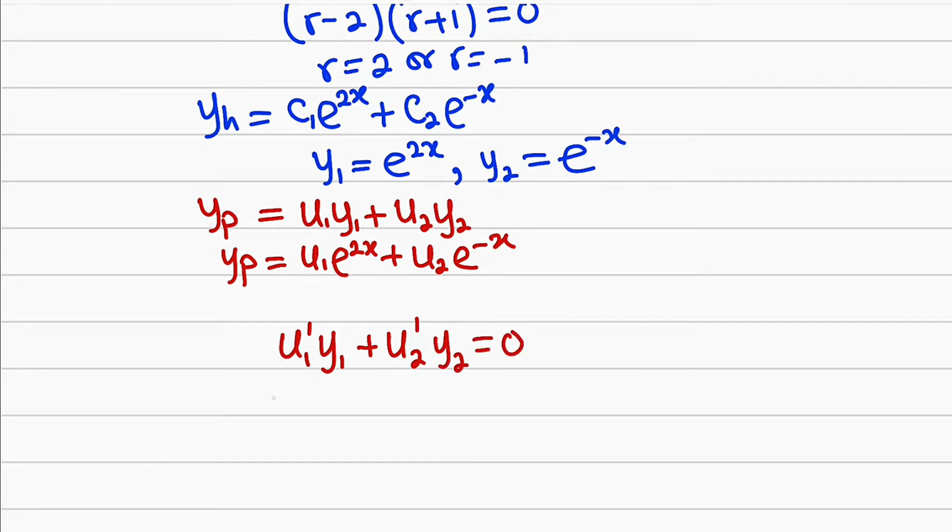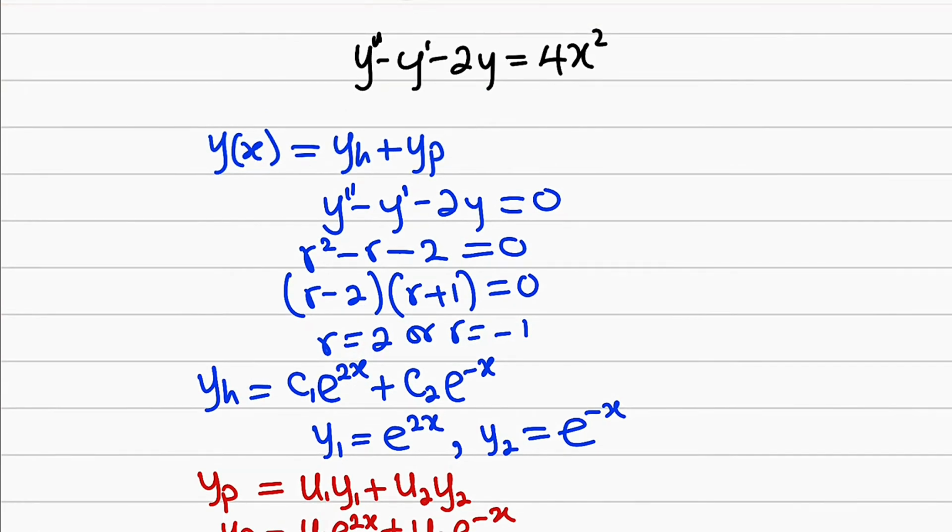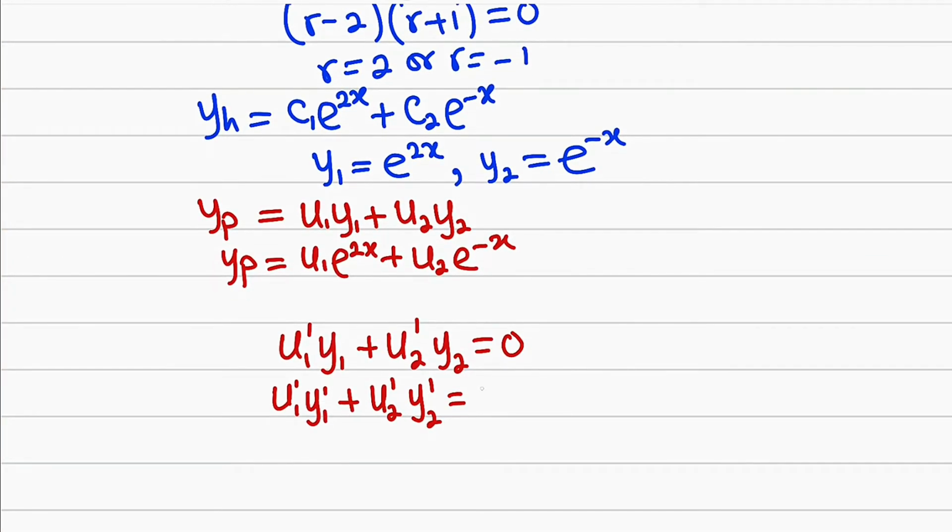And the second one, remember, is u1' y1' + u2' y2' = f(x)/a. And our f(x) is equal to 4x^2, and a is just the coefficient of our y'', which is 1 here. Therefore, 4x^2 divided by 1 is still 4x^2.